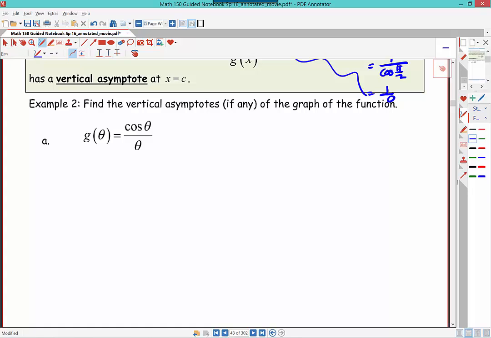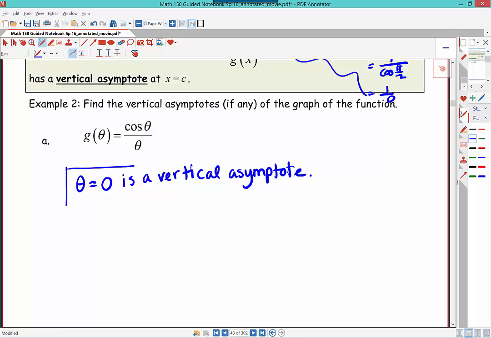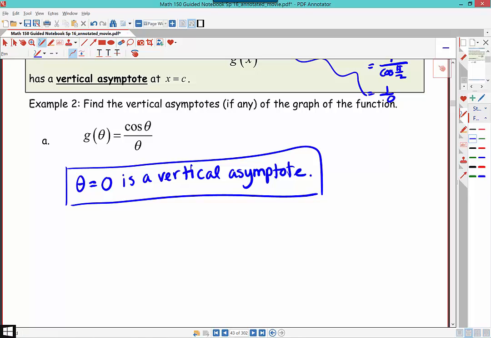At theta equal to 0, do you see there's a vertical asymptote? Potentially. But what else would we want to think about? We don't want an indeterminate form. So what is cosine at 0? Good, cosine at 0 is 1. So we're safe there. And do you see that would be the only vertical asymptote on that graph? So theta equals 0 is a vertical asymptote. Let's see what that graph looks like.